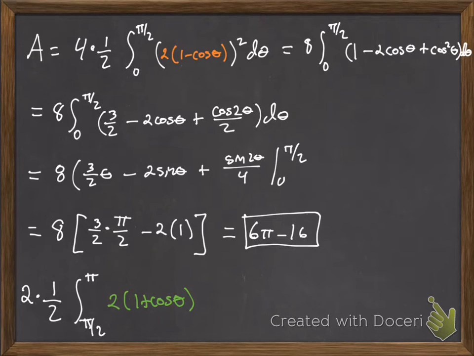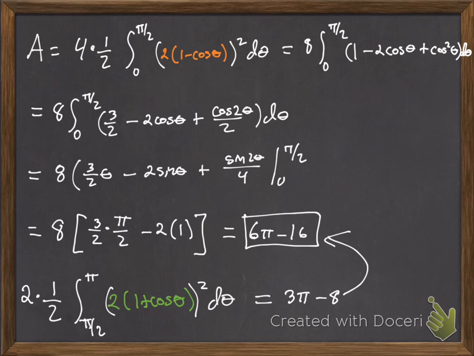We'll square that, d theta. And if you work that out, you get 3 pi minus 8, not 18, just 8, which is exactly half of that. So you could have done it that way also, but if we can do it as one integral, it works out a little bit nicer.